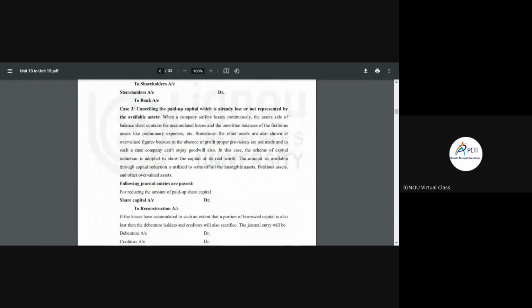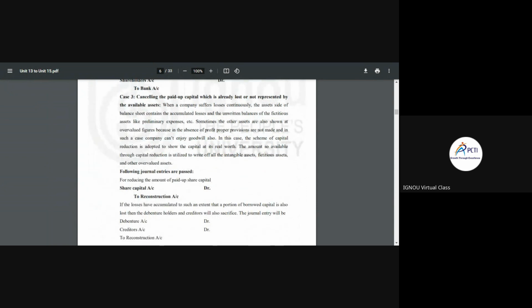Our third case is the cancellation of paid up capital which is already lost or not represented by available assets. So when a company suffers losses continuously, the asset side of the balance sheet contains the accumulated losses and the unwritten balances of fictitious assets like preliminary expenses, and some other assets are also shown at overvalued figures because in the absence of profit proper provisions are not made.